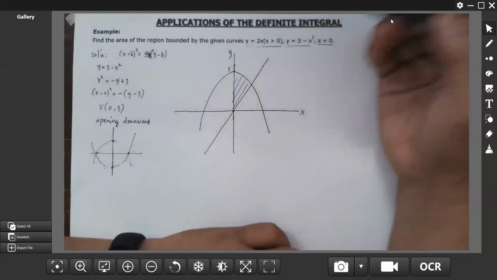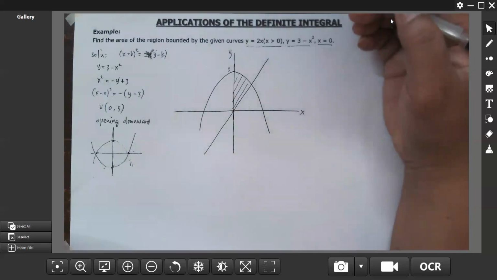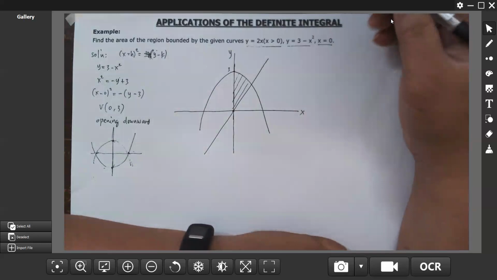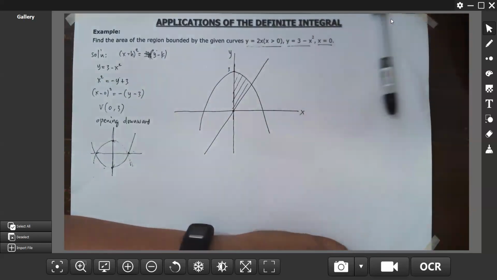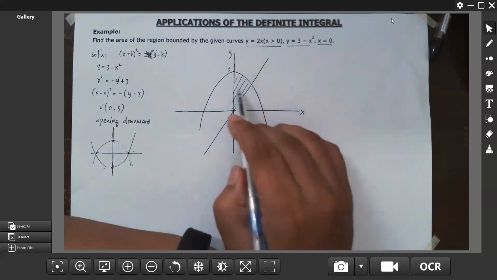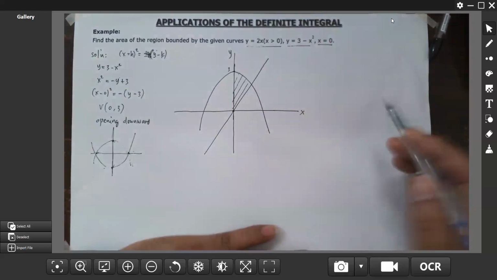Now, in this case, we're going to analyze a vertical rectangular strip, because if you analyze a horizontal strip, we are going to break this one into two integrals. But we can compare.